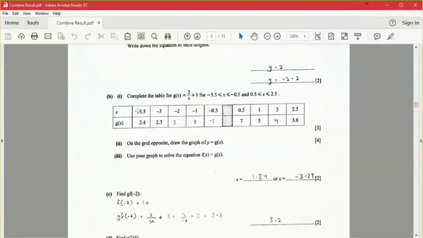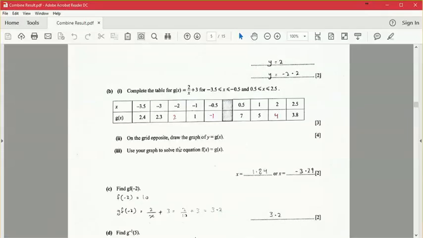And then for B, complete the table for g of x equals 2 over x plus 3 for the range -3.5 to -0.5 and from the range 0.5 to 2.5. So we'll calculate it here. We'll put 2 over -2 plus 3, which gives us 2, and we'll repeat this for -0.5 and for 2.